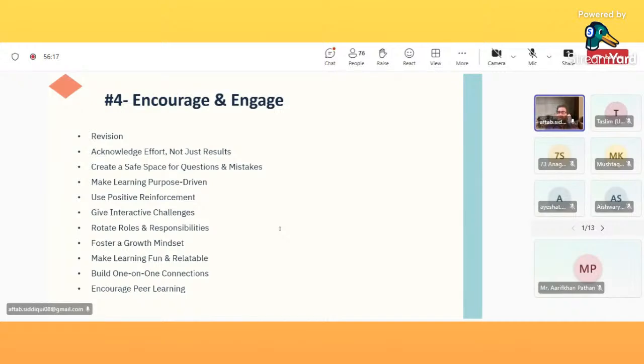Give them a purpose, and always use positive reinforcement. What is that? If you have heard about the motivation theory, people are often motivated with pleasure or pain.